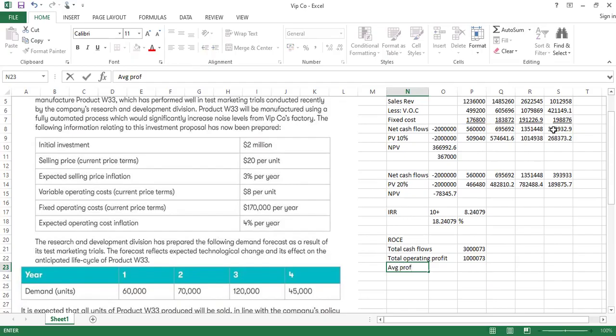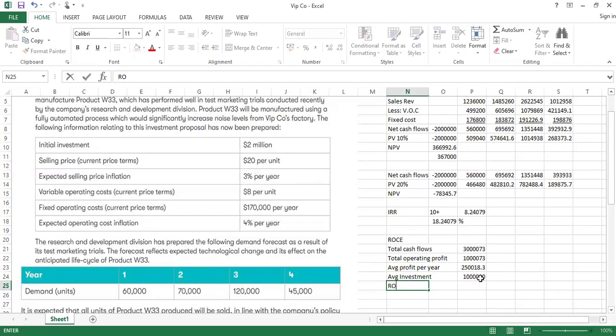Next is to calculate average profit per year. What is the average profit per year? Is equal to this total divided by 4. Next is to calculate average investment. Investment is 2 million divided by 2. There is no scrap value.